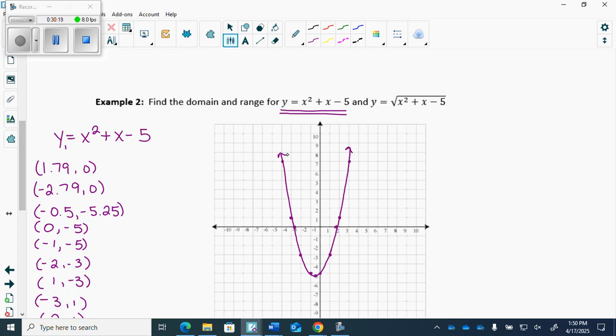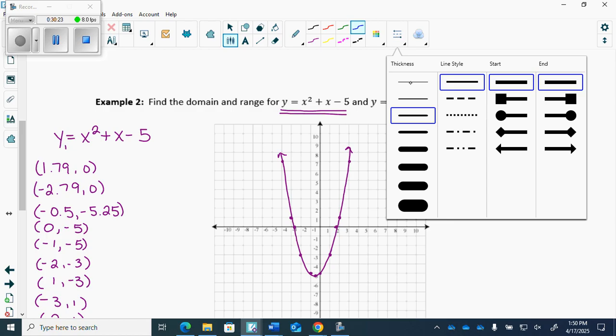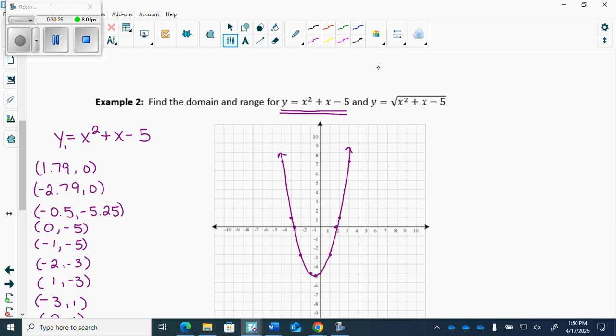Okay. The mapping of my new coordinates is going to be x stays the same, y gets rooted, right? Remember, mapping is (x, y) becomes (x, root y) because I'm rooting all of my y. So this one is going to become 1.79 and the square root of 0, which is 0.